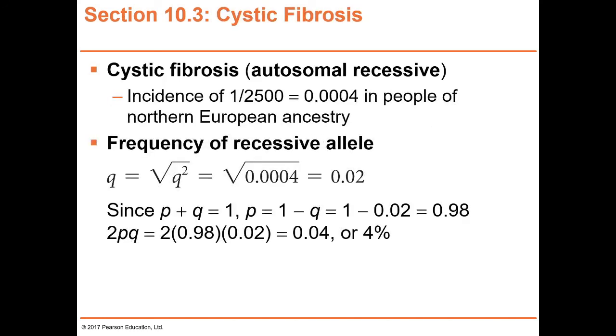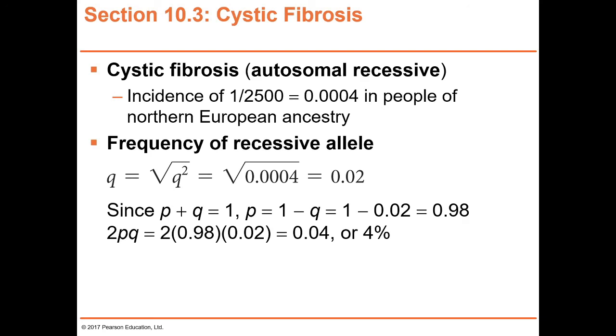For example, in CF, there is an incidence of 1 over 2,500, which is 0.0004, in people of Northern European ancestry. And so, let's find the recessive allele first. The frequency is Q squared, so square root it, you get 0.02.